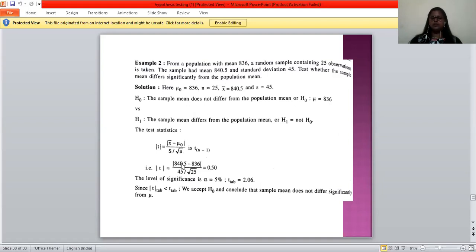Once you substitute the values of the mean, mu naught, standard deviation and n, you get 0.50. Now at the 5% level of significance, the tabulated value is 2.06. Since the calculated value is less than the tabulated value, we accept H naught and conclude that the sample mean does not differ significantly from mu.